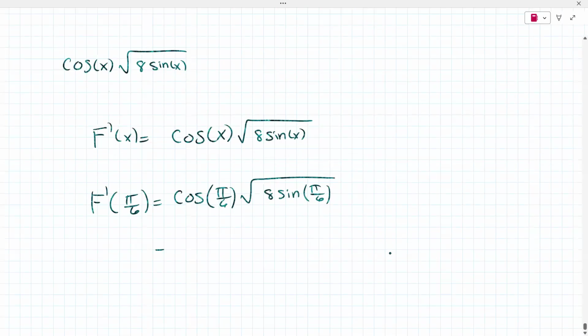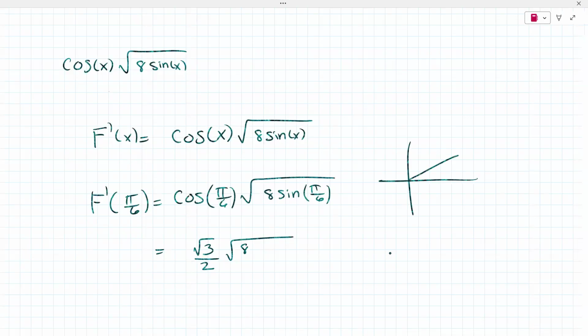So what is the cosine of pi over 6? It is positive radical 3 over 2. And then what is the sine of pi over 6? Pi over 6 is like your 30 degrees. So it has an x coordinate of radical 3 over 2 and a y coordinate of 1/2, right?